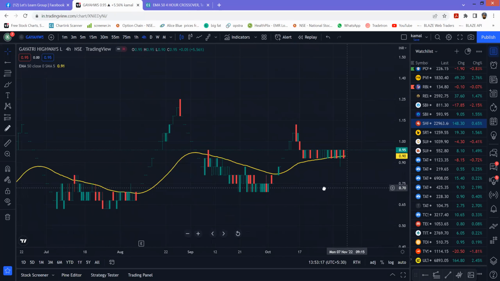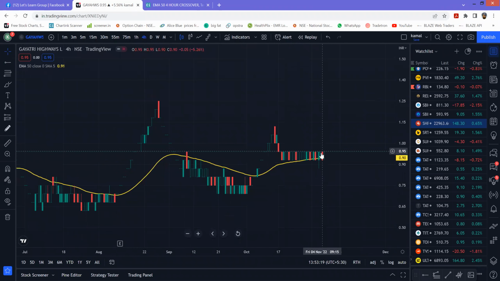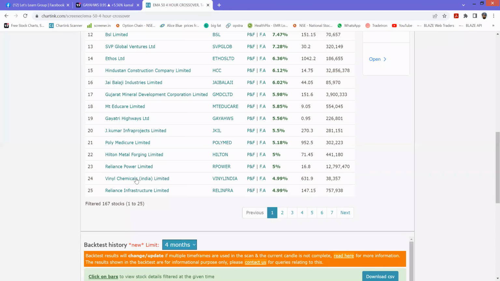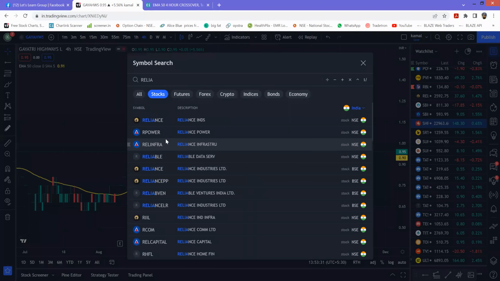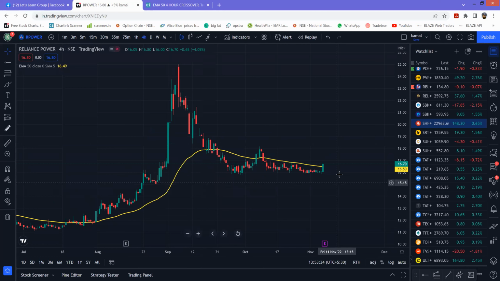I'm hearing its name for the first time, but it is also consolidating in this whole region only. So I don't look at these stocks. I find them very, this thing. You see Reliance Power, a wealth destroyer for me. It has also come above it. So it will keep on giving you a lot of stocks. So whatever pattern you want to do, just pick up 5-6 stocks whenever they come into the line. Always try to do it.